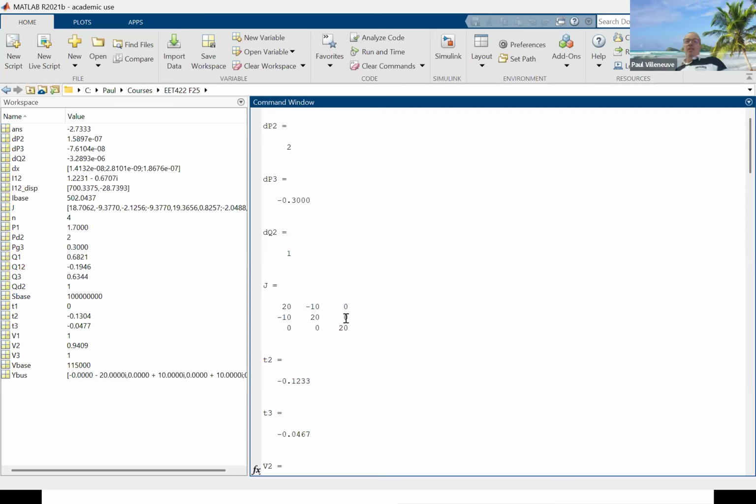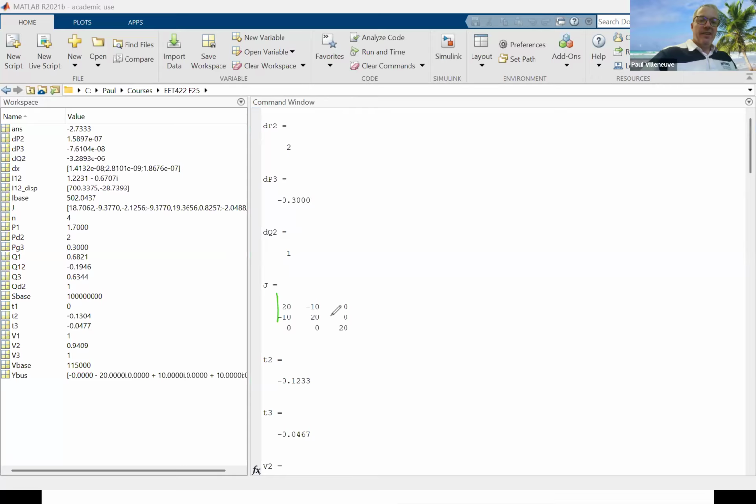So you can almost partition this matrix into this: I've got a matrix here and a matrix here. I can just look at my Jacobian and fill in the numbers based on my Y bus. Those numbers in those partitions, at least for the first iteration, you just get directly from Y bus.